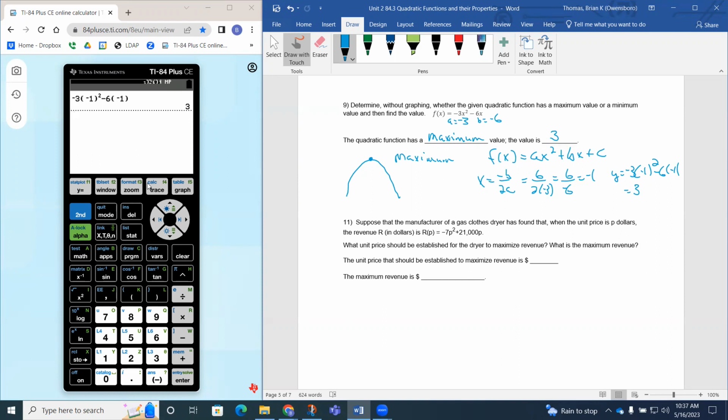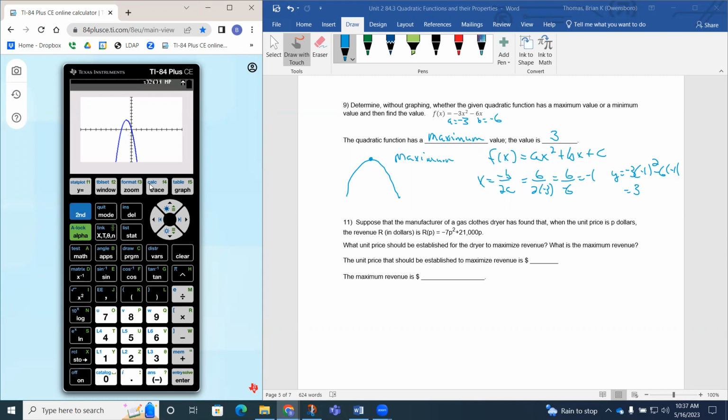If we wanted to look at this from a graphing perspective, we have this -3x squared minus 6x. If I do graph it, notice that it does open down, which means this is called a maximum point. And that maximum point can be found by using the calculate feature on the calculator.